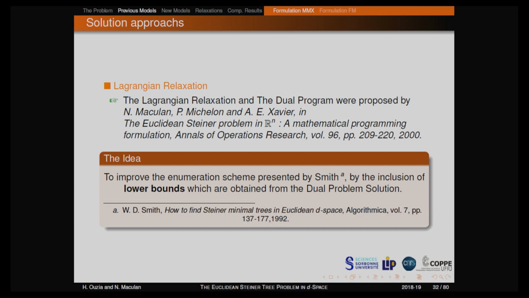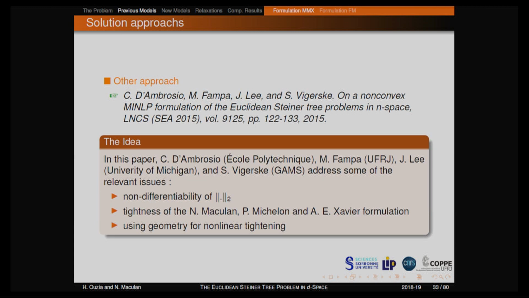A large one, almost 40 pages, with a lot of ideas from 92, and I worked at this time on these papers. But it has no model, just the complexity and so on, the space and so on. Claudio Ambrosio, Marcia Fampa, and John Lee, and Vegas, they have some ideas on how to use non-convex formulations and so on. And my colleagues here, I see.